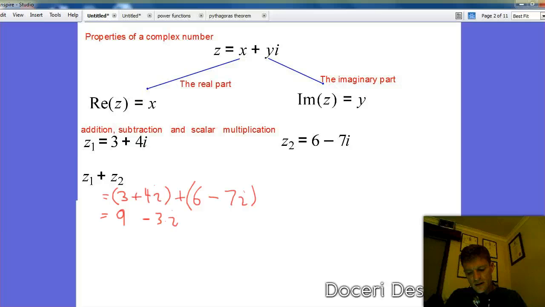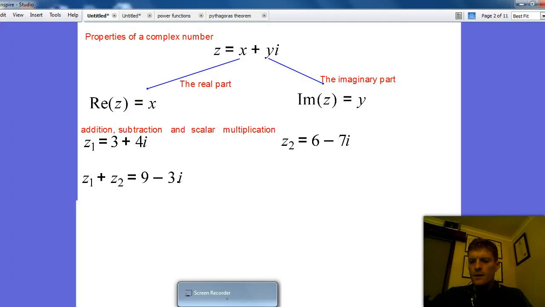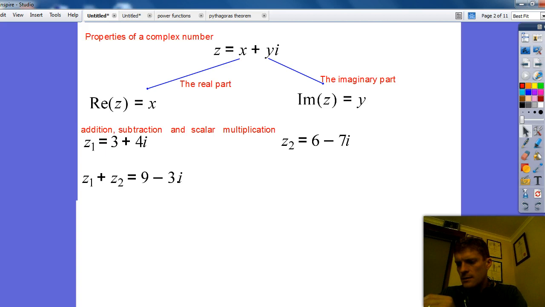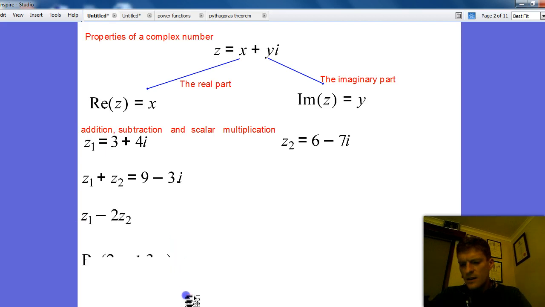Now let's have the next part. This is a situation where we have a subtraction, but we've also got this factor of 2 there on the z2 complex number.